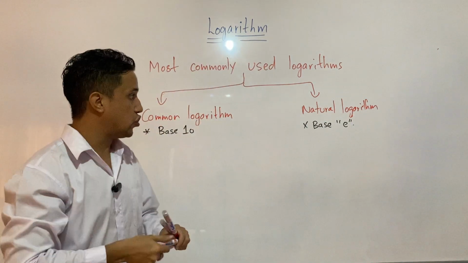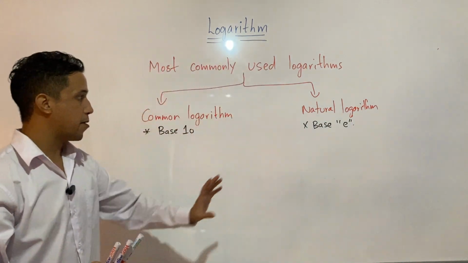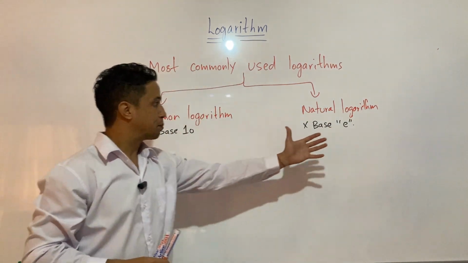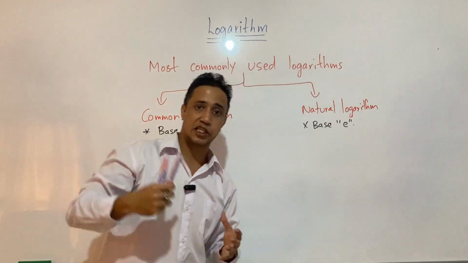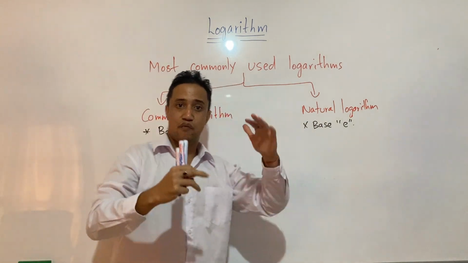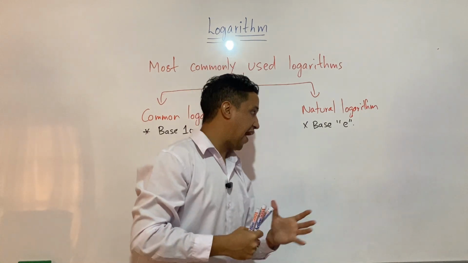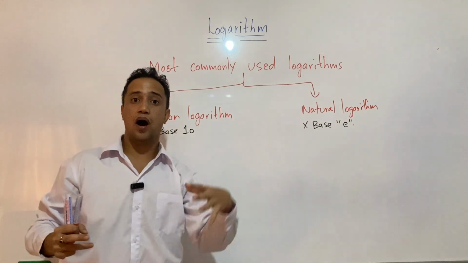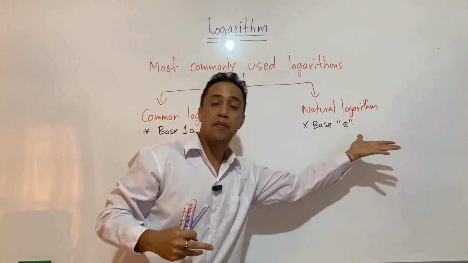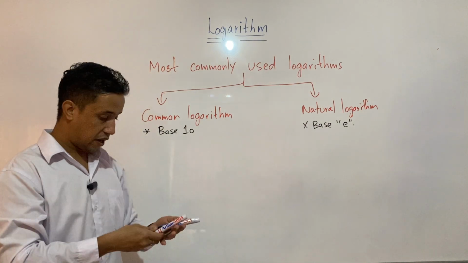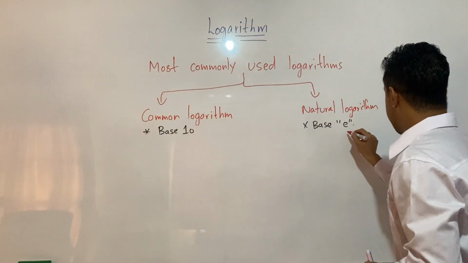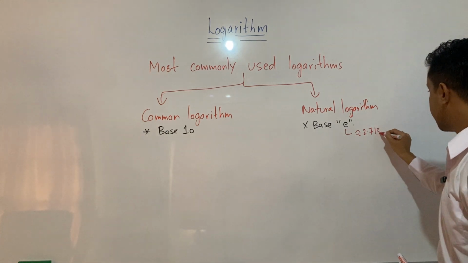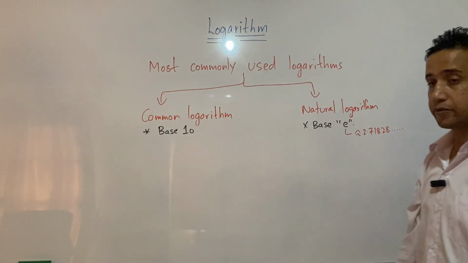When we did a session on exponential functions, we had a separate session on a very specific exponential function, e raised to the exponent x, that is derived from calculus. In that session we constructed the number e, known as Euler's number, and the value of e is approximately 2.71828 and so on.